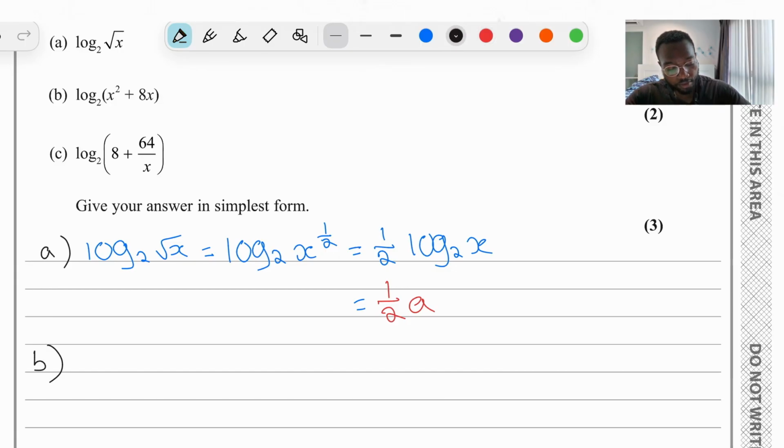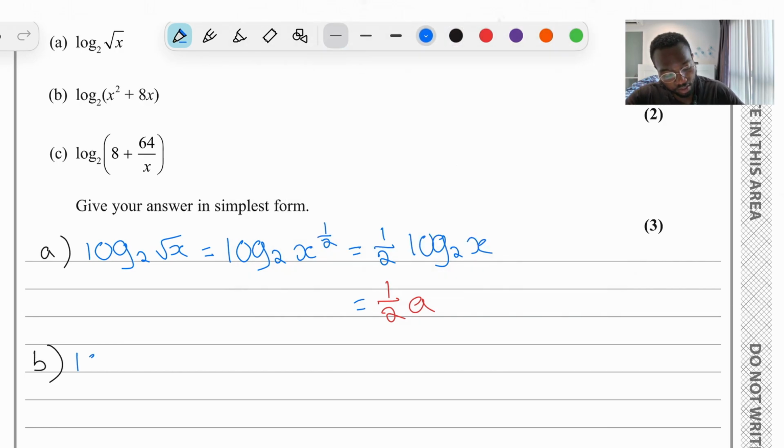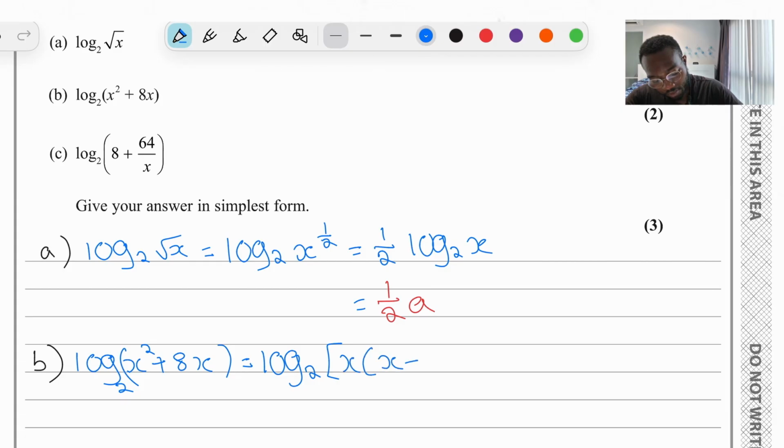For b, we have log base 2 of x squared plus 8x. So already it looks like we can get this into some form of x plus 8, so we can input b. What we want to do is factorize this. If we factorize log base 2 of x squared plus 8x, we'd have log base 2 of x times x plus 8.